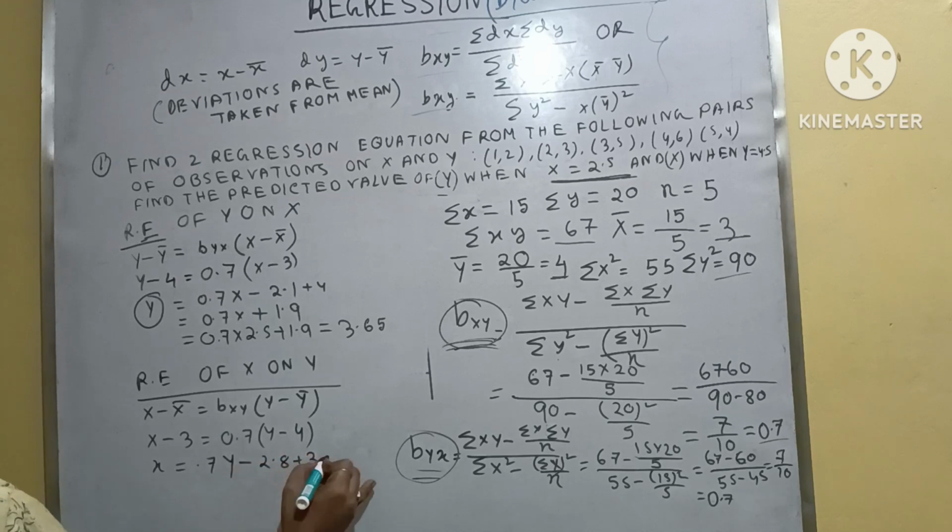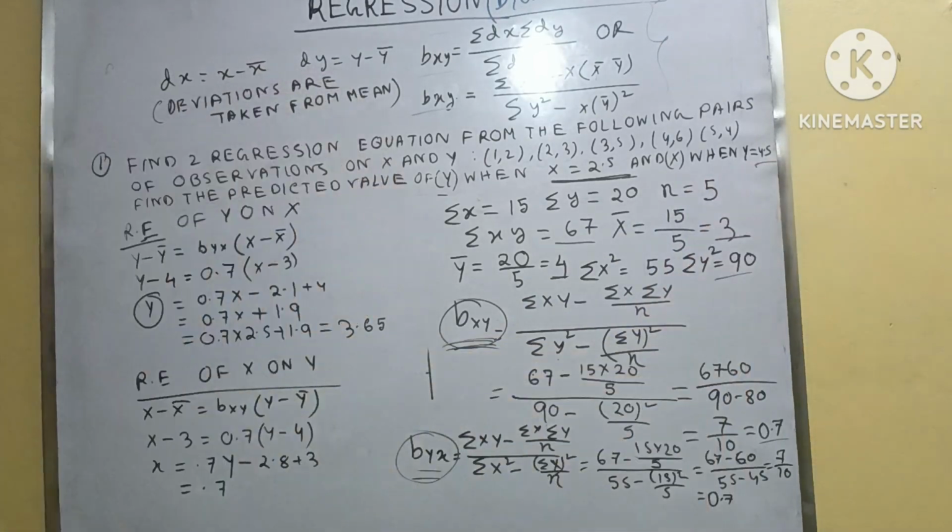So here the 0.7 and the y value is there. You can see this is 4.5. So multiply by 4.5, and here the value is 0.2. So the answer is 3.35. Okay.